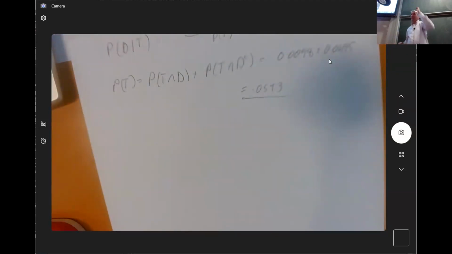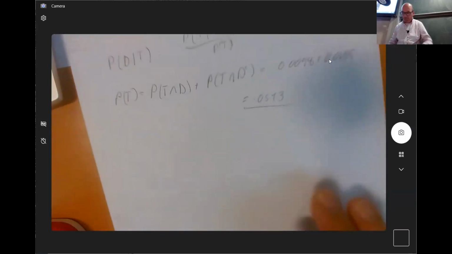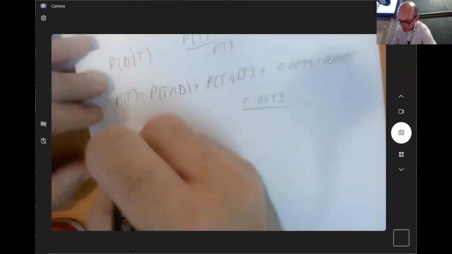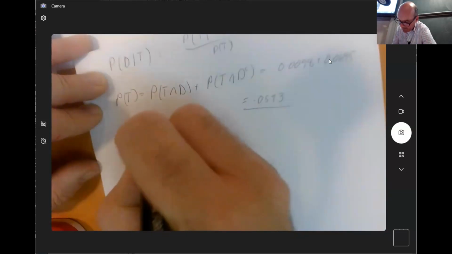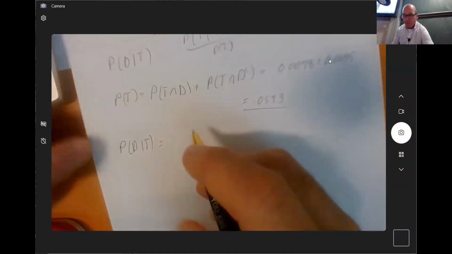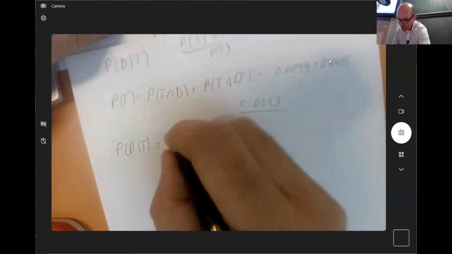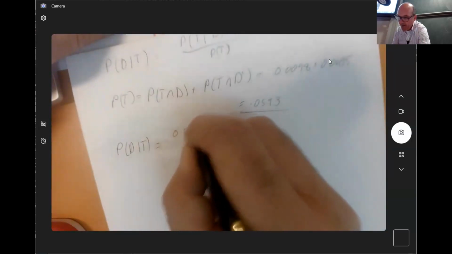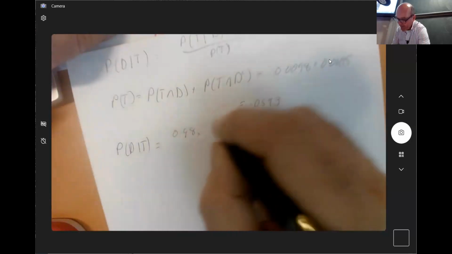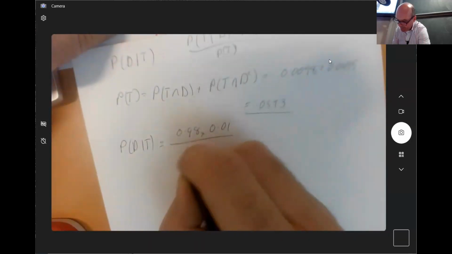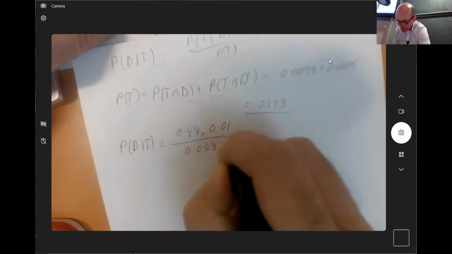Really should have brought a calculator at some point. Calculator is no longer a thing in my life. So this is the number in the denominator. My probability of D given T is going to be equal to 0.98 times 0.01 on 0.0593.